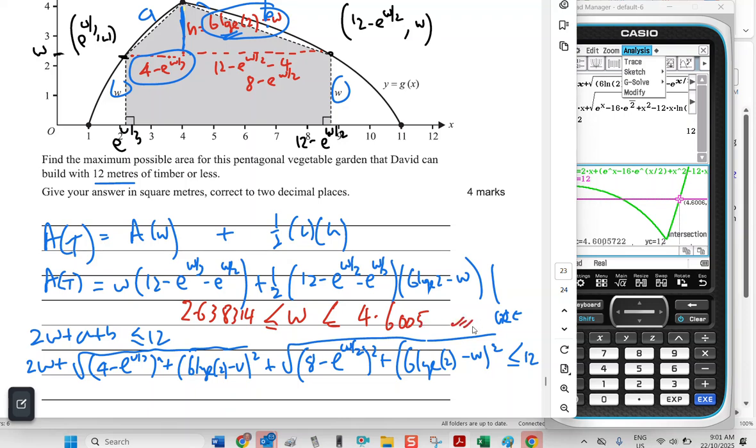So that's my range for W that I'm going to limit and maximize this particular expression.